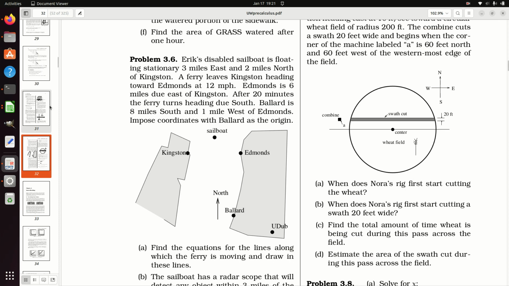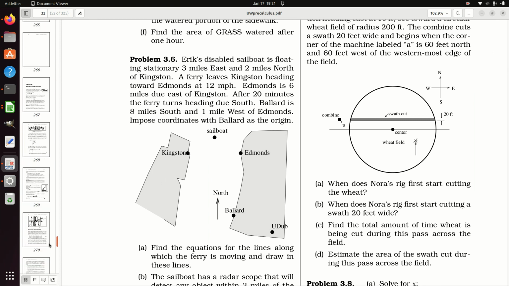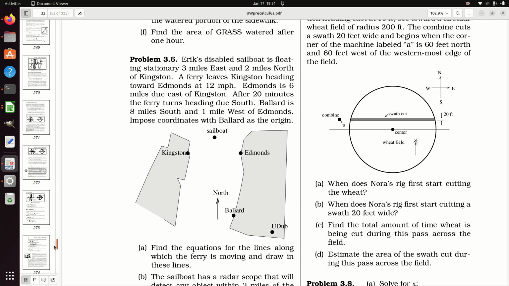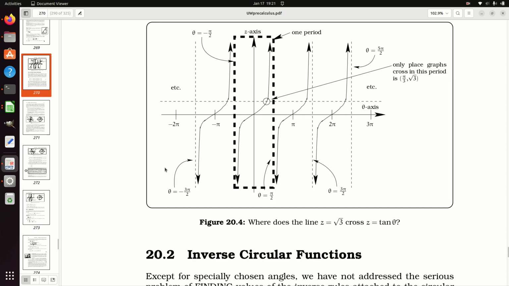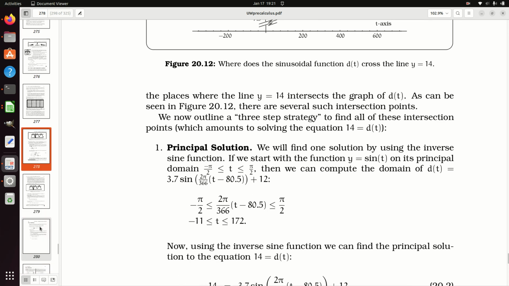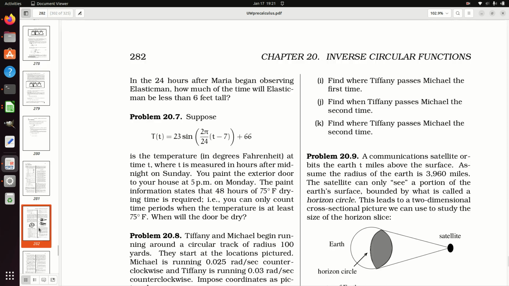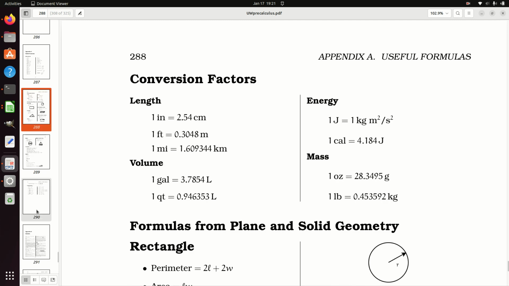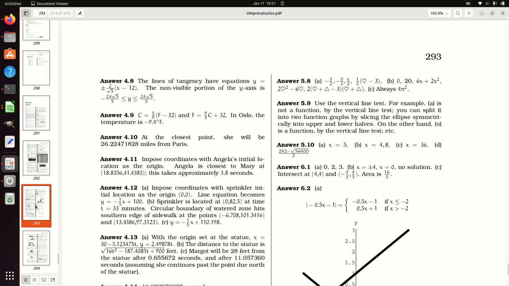Now we got to go way back down and find that again. Where are we? Oh, that's chapter 20. That's no good. Still chapter 20. Here we go. Oops, that's problems. Yeah, I really should pay attention to what page numbers these things are.